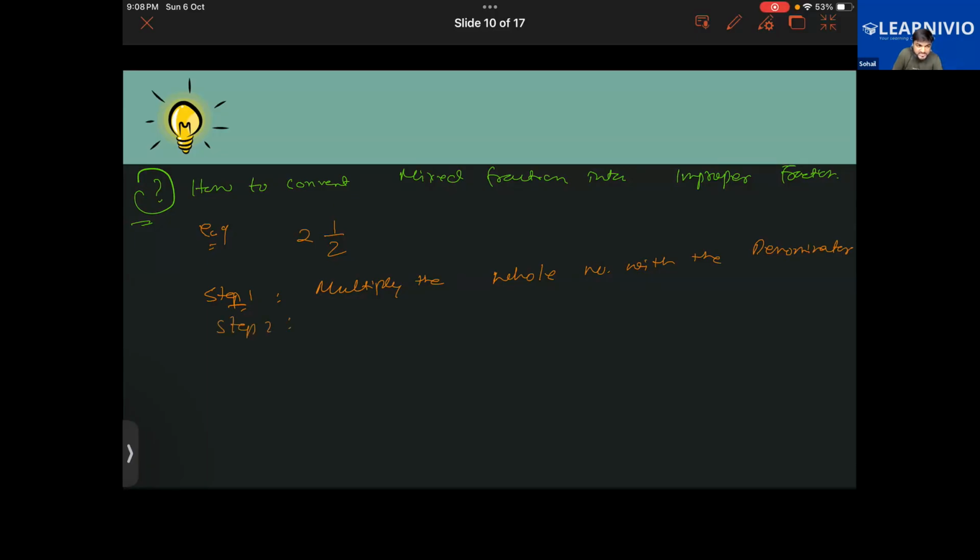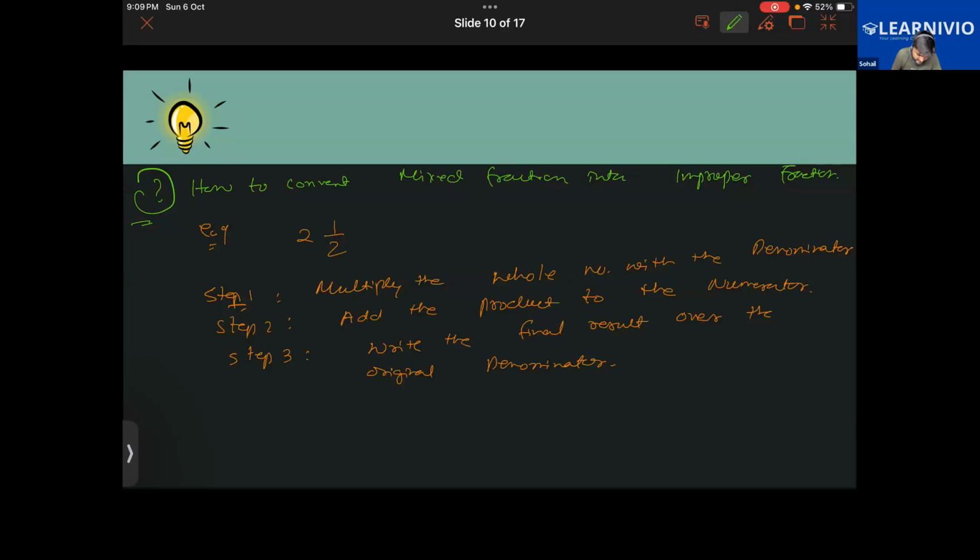Step number 2 says to add the product to the numerator. Step number 3 says to write the final result over the original denominator. While we are solving it, it will be very clear to you.